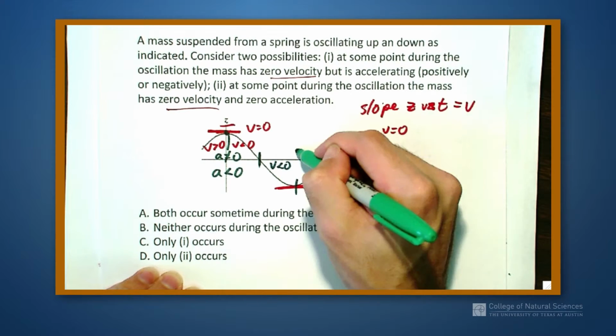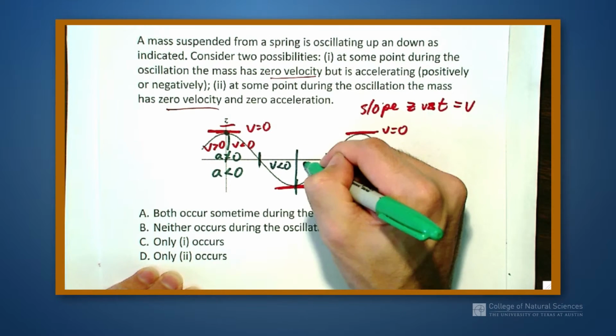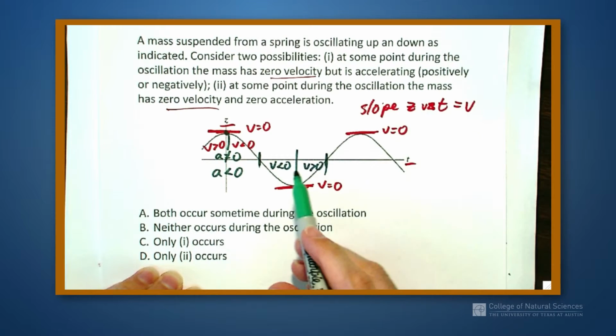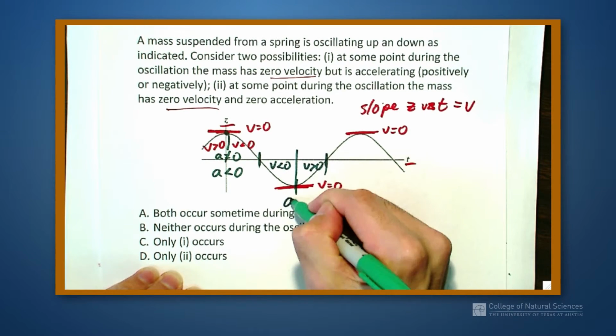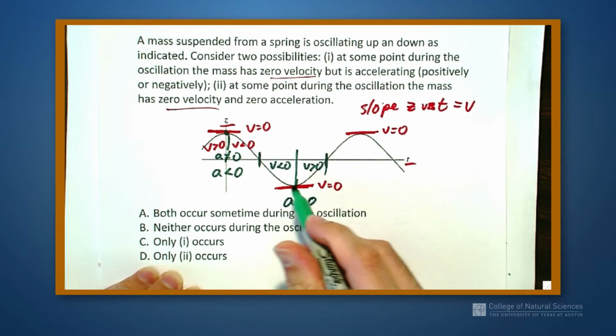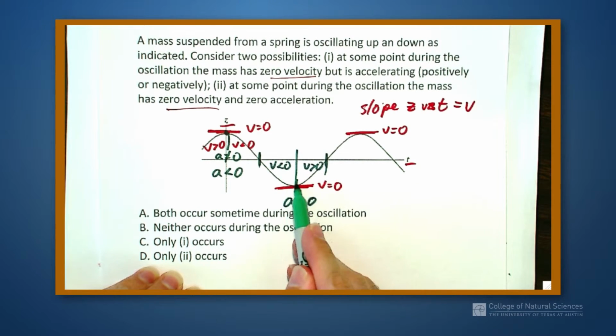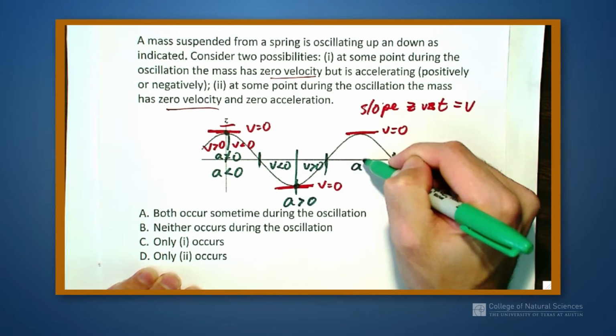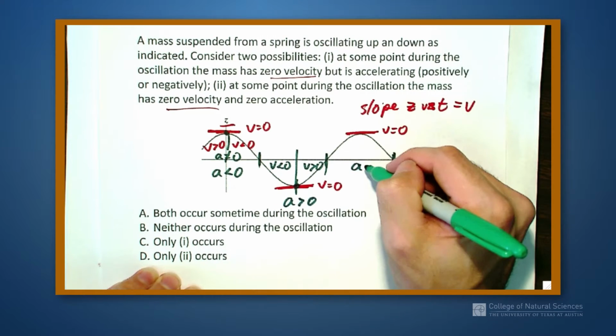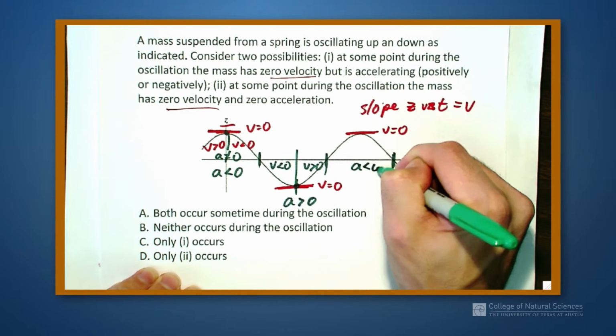And from this point to this point, the velocity is greater than 0. So we go from a negative velocity to a positive velocity. That means the acceleration has to cause this change. So at this point right there, the acceleration is not 0, it's actually a positive value. Same thing over here, it's the same as the first case. The acceleration is actually going to be less than 0.